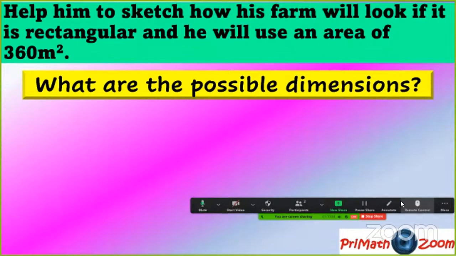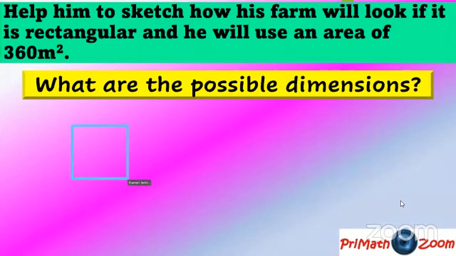Okay, sure. So if they have a square like this and they have 26 meters squared inside of it, then they were supposed to have numbers right here to make up this number, to make up 26.